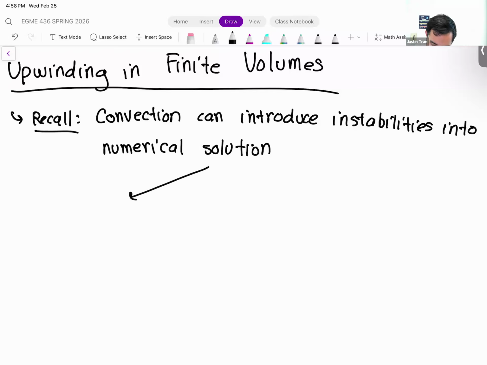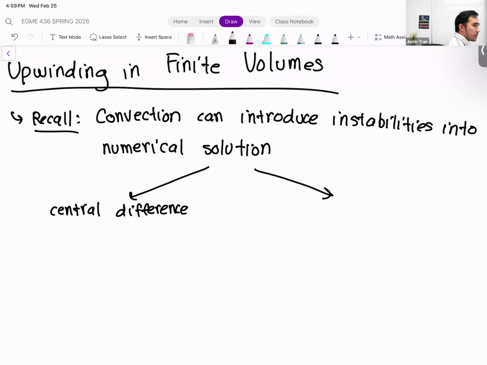If you recall from finite differences, there are two paths we can take to get stable solutions. On one path, let's say that we're very stubborn and want to keep our central difference scheme for our convection derivative. There are a lot of benefits to central difference.